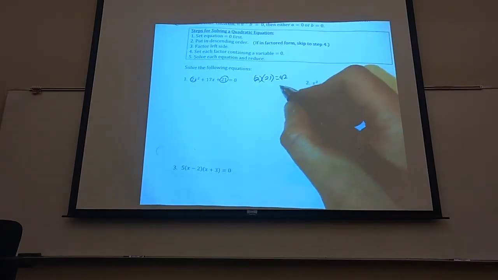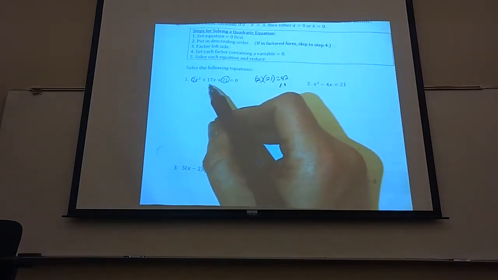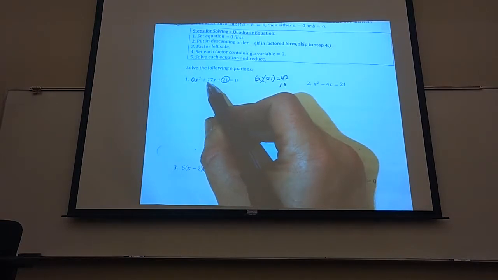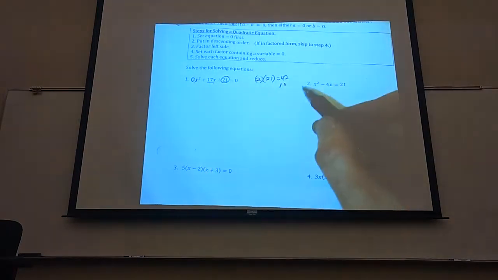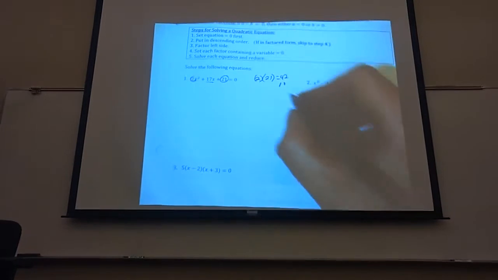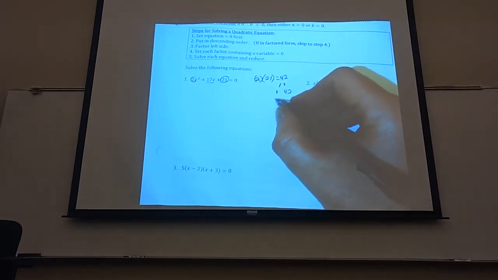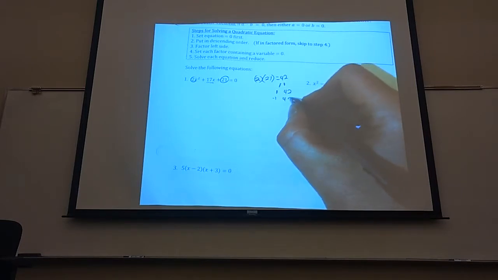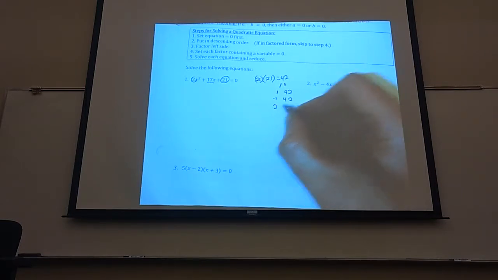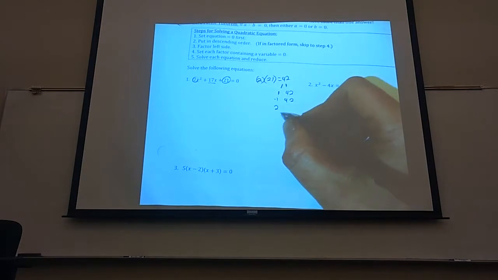Once we get that product 42, we say what factors of 42 will add up to 17? 3 and 14. I'll take your word for it. I'm actually going to start a little lower because I want to talk a little bit about systematic listing. I always start with 1 and then go into 2.